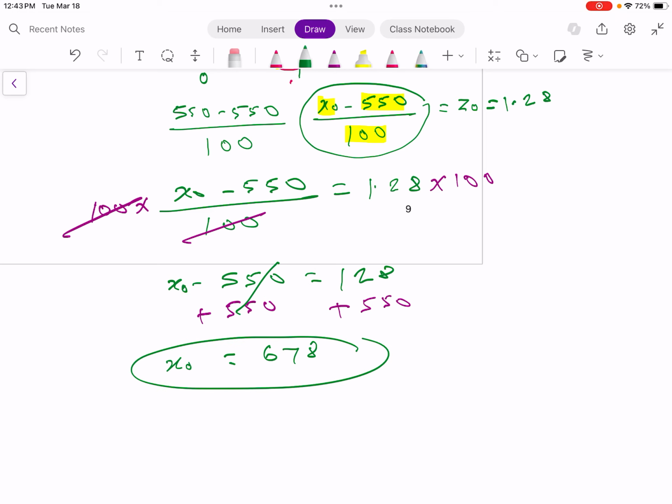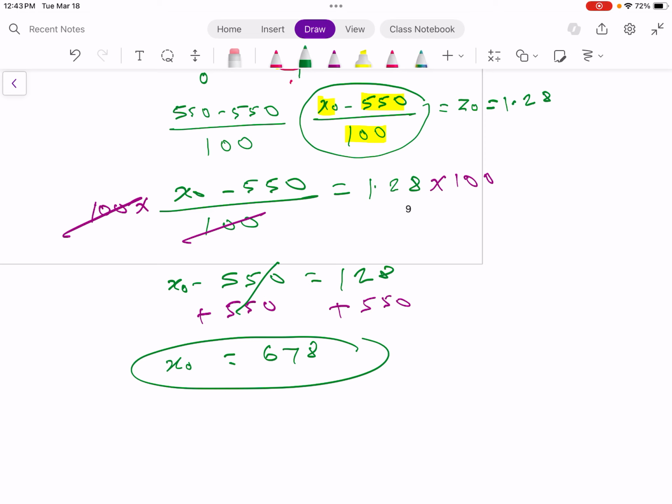So the minimum score has to be 678 to get an admission. I think we are done with the handout now.